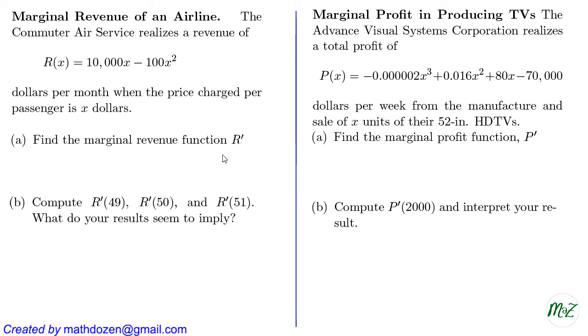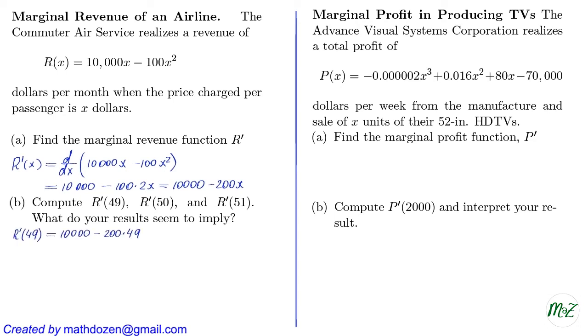So we're looking for the marginal revenue function. That's derivative of the revenue function. Then gives us derivative of 10,000x minus 100x squared. Then gives us 10,000 minus 100 times 2x. So derivative of x squared is 2x. So we have 10,000 minus 200x.